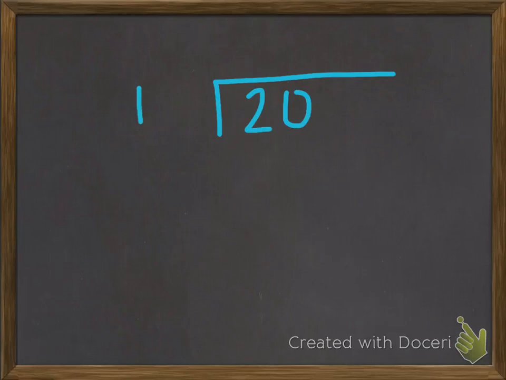Since I have a decimal in my divisor, I must move the decimal 1 place to the right. I must do the same thing in my dividend. Then I'll put my decimal up in my answer and start dividing like these are whole numbers.